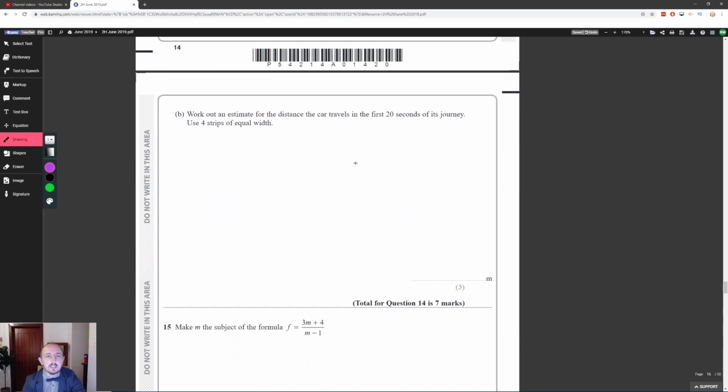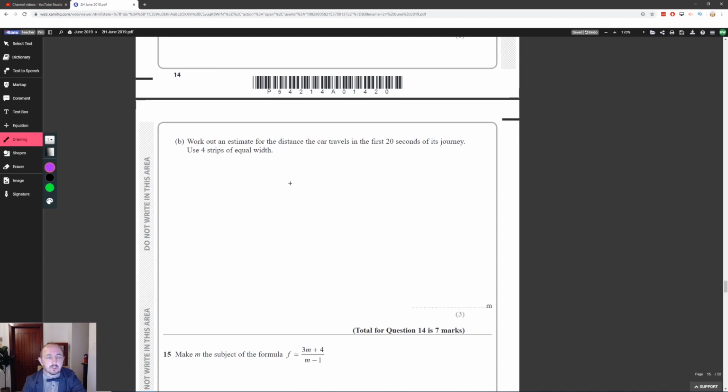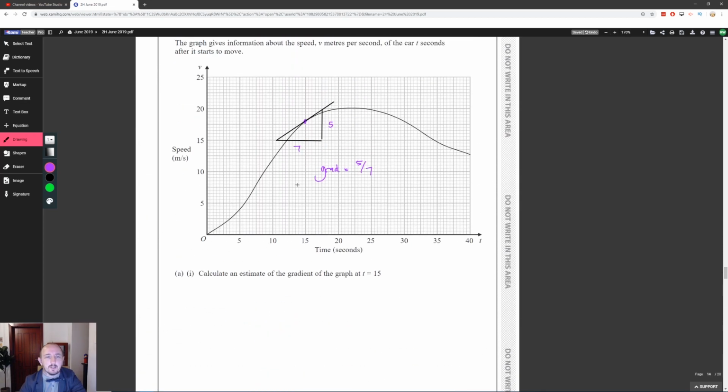Work out an estimate for the distance the car travels in the first 20 seconds. Use 4 strips of equal width. So if we're going from 0 to 20 seconds and we need 4 strips, then we need to split that into 5-second intervals, and we're working out the area under this graph.